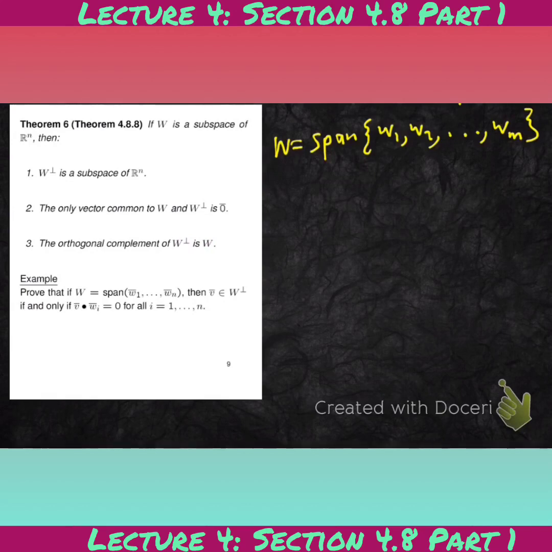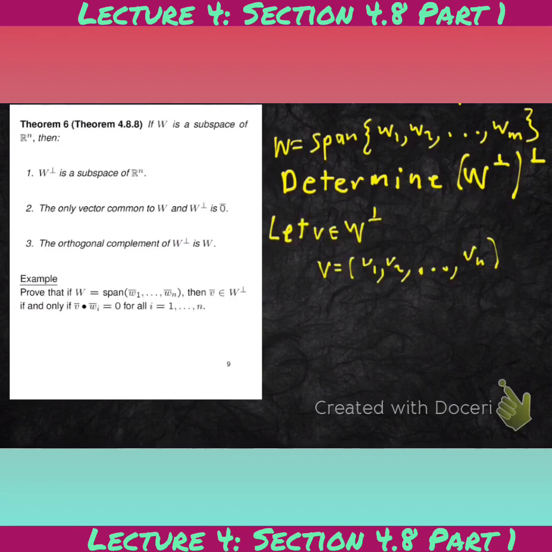We choose a basis for the subspace W, with basis vectors W1 up until Wm. So these are all the basis vectors. We want to determine the orthogonal complement of that set.